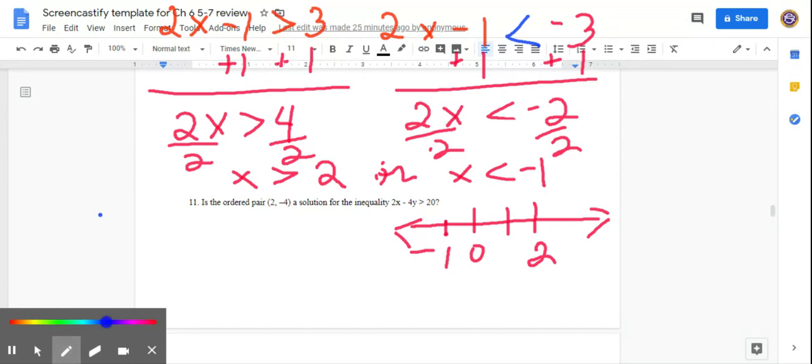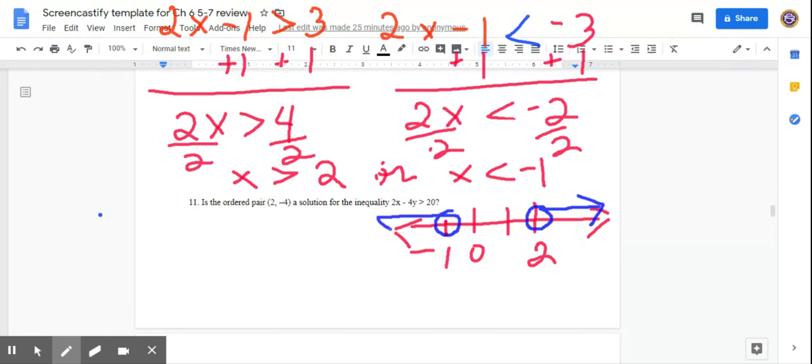So x is greater than 2 is an open circle on 2 and shade to the right. X is less than negative 1, open circle on negative 1, and shade to the left. Again, it's an or statement, so arrows should be in opposite directions. They are, so we did it right. Look at us go.